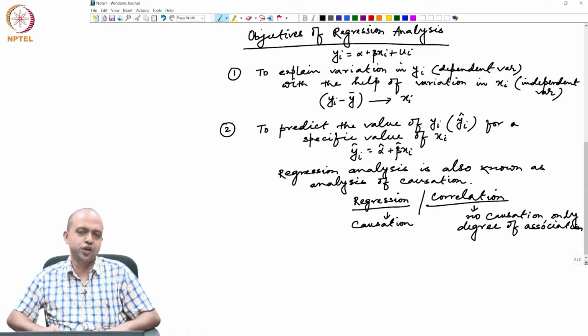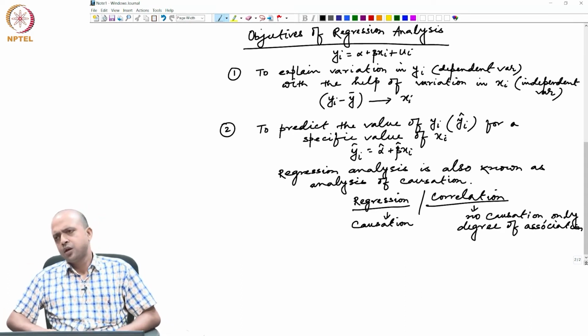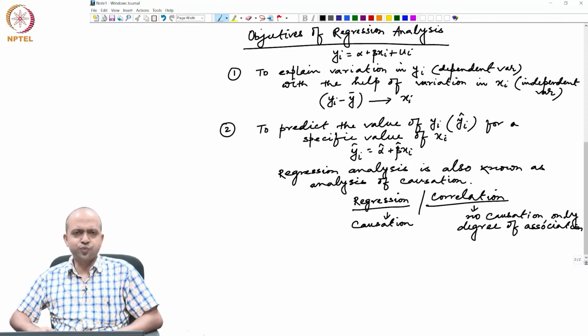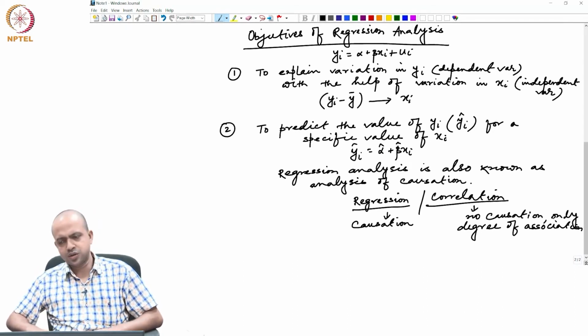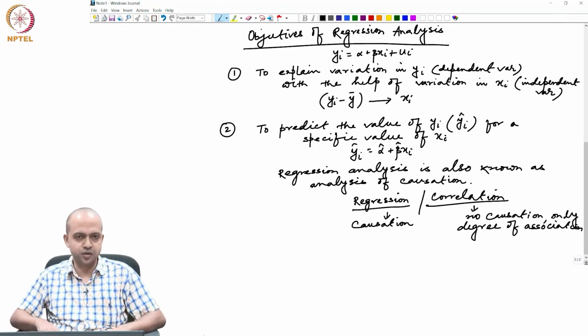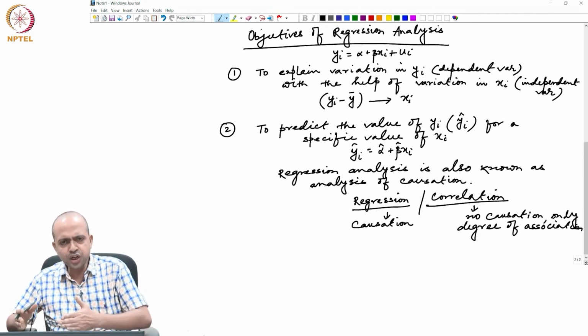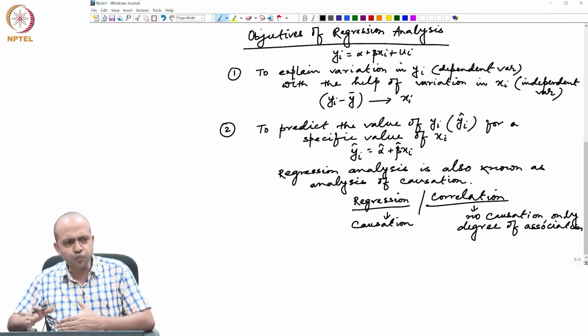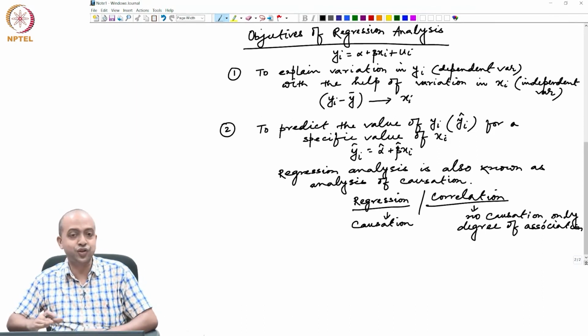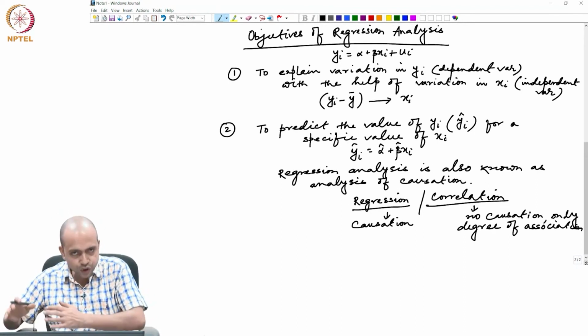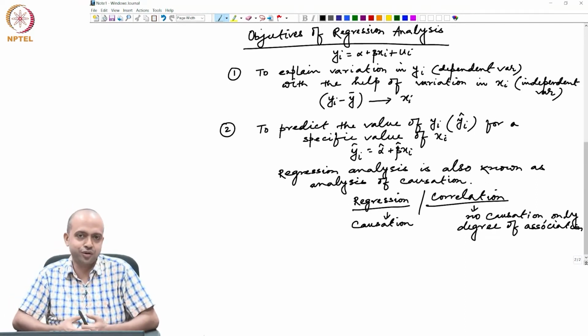For example, if I look at the smoking behavior of individuals and cancer patients, then correlation will tell you whether smoking behavior has some kind of association with cancer, but I do not know whether smoking is actually leading to cancer or not.